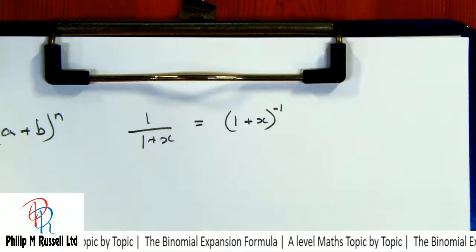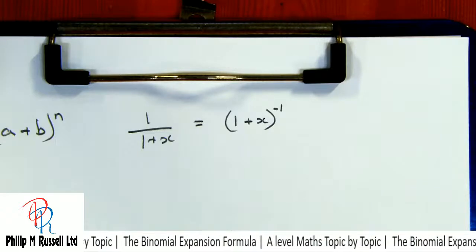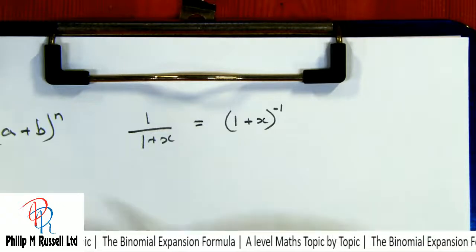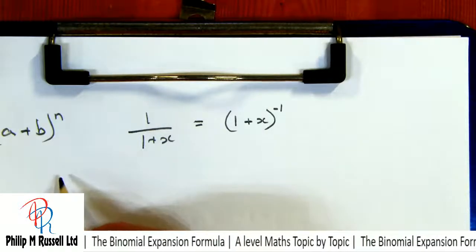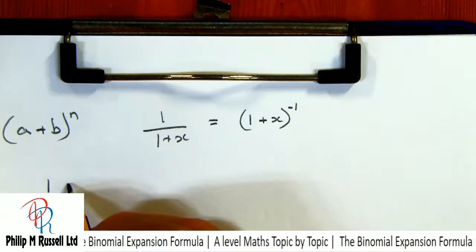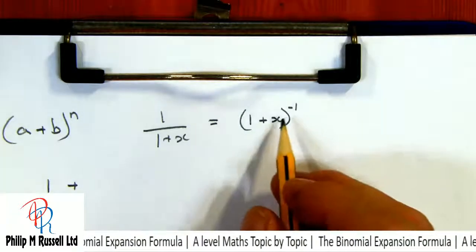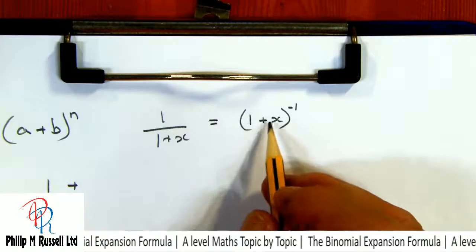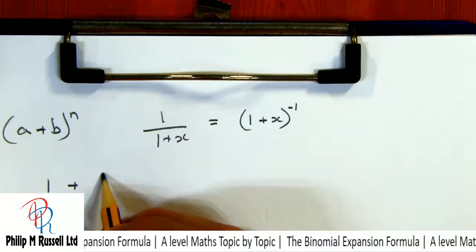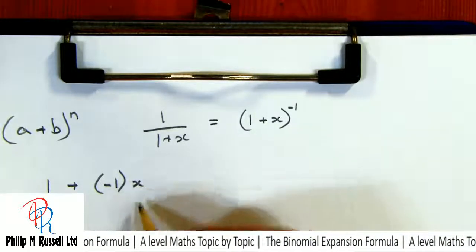And let's see what happens when we try to expand this. So our first number here is going to be 1, and then I'm going to add to that, well, it's going to be minus 1 times x.